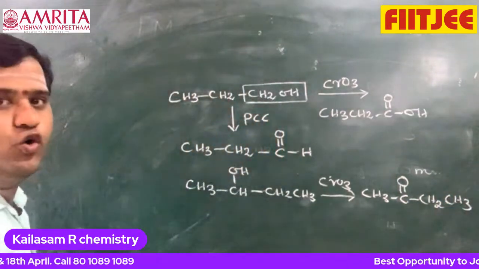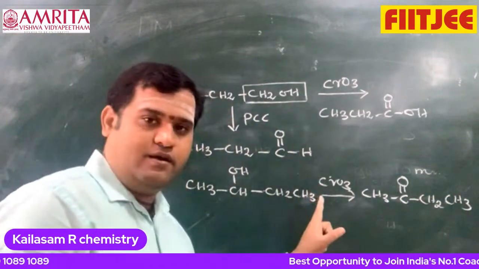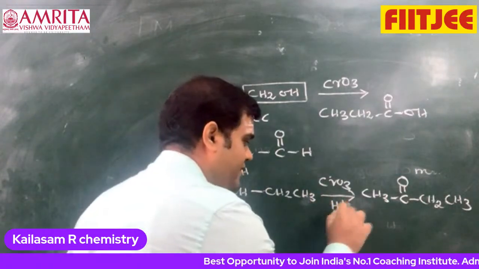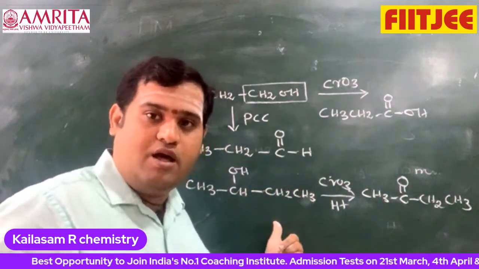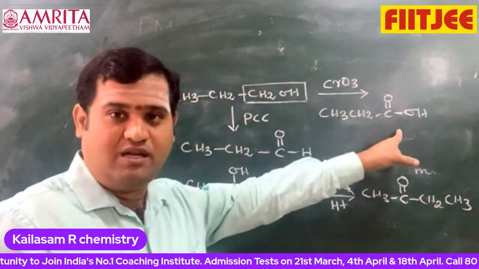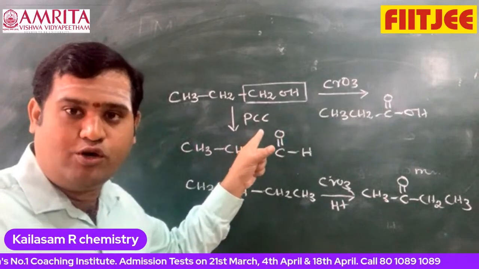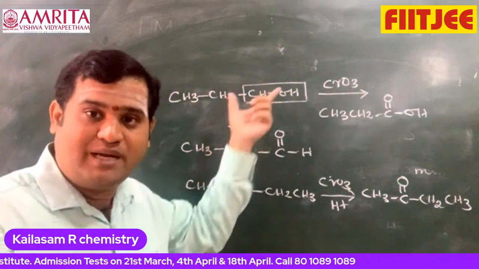That's all. Ketone. For CrO3 in acidic medium, you are going to get a ketone for secondary alcohol. For primary alcohol, you get carboxylic acid. For PCC, pyridinium chlorochromate, you get aldehyde from primary alcohol.